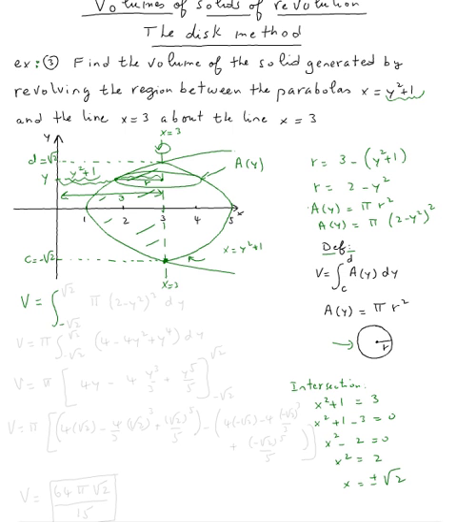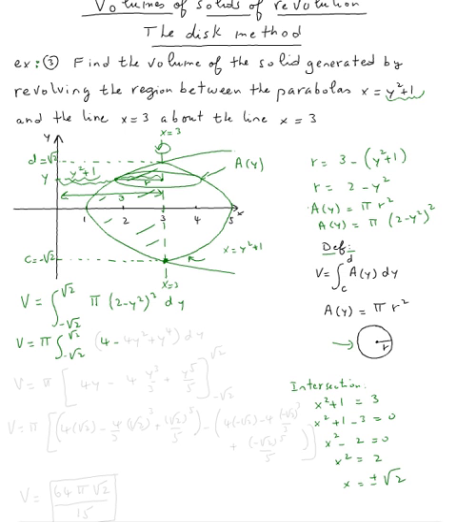So we know the volume is going to go from minus square root of 2 to square root of 2 of pi times r squared, which is 2 minus y squared, squared, dy. To make it easy, I can just take the pi outside and then FOIL what's inside.